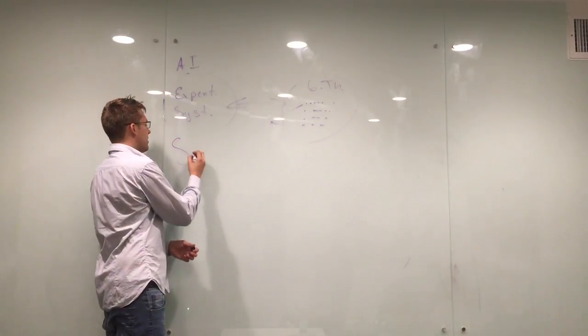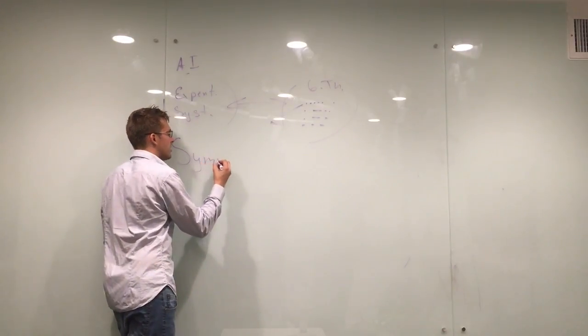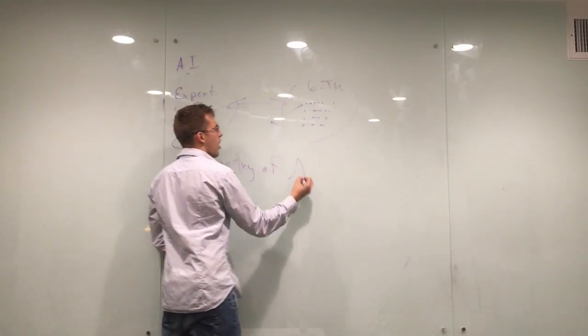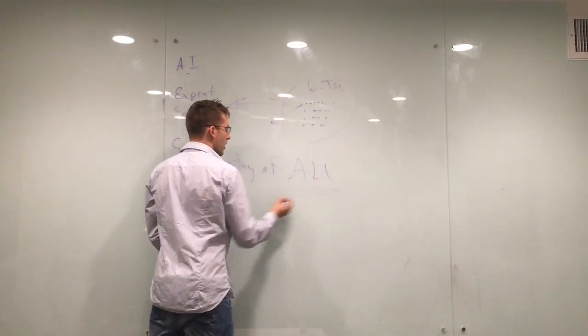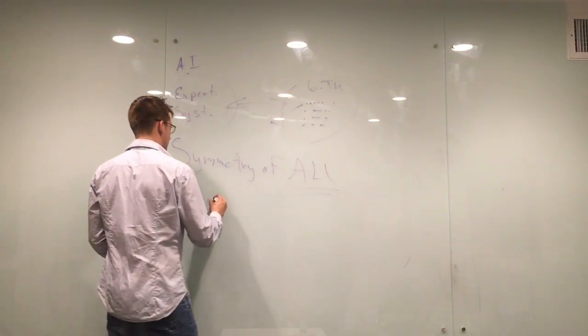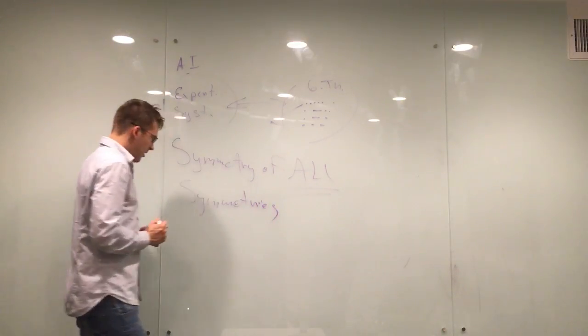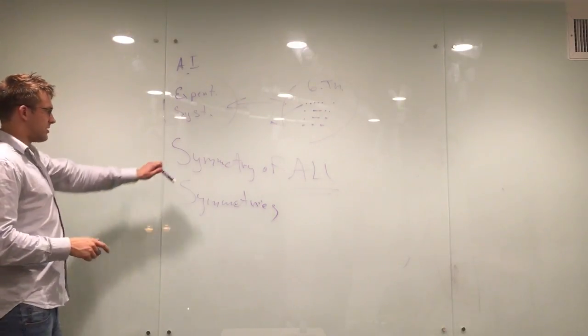So the key point here is the symmetry of all symmetries. I want to see something like this.